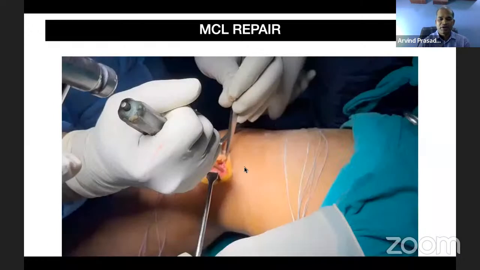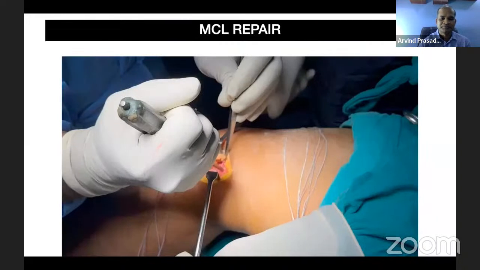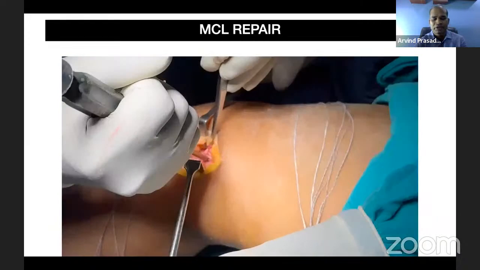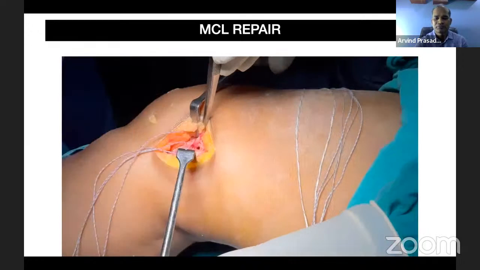So in this MCL, a bite was taken, and nowadays we have the advantage of this swivel lock.